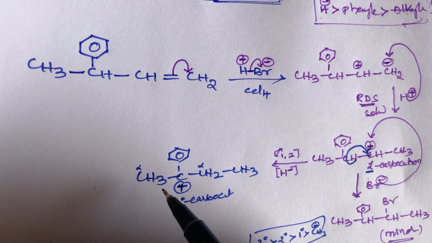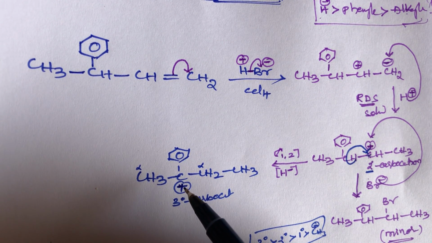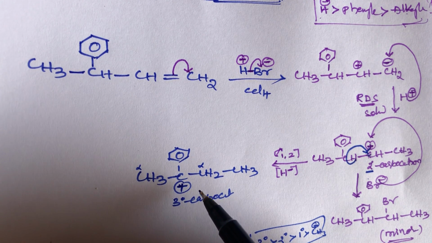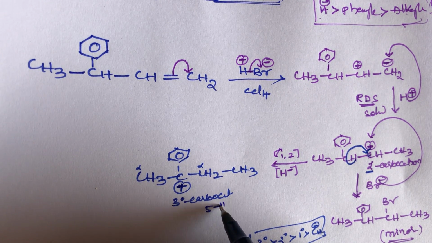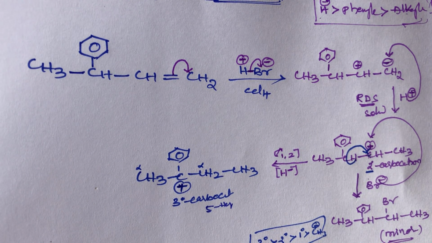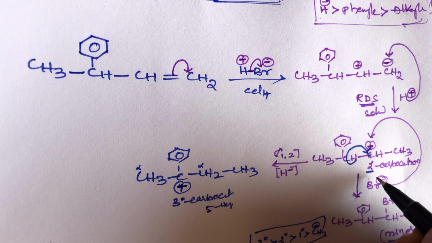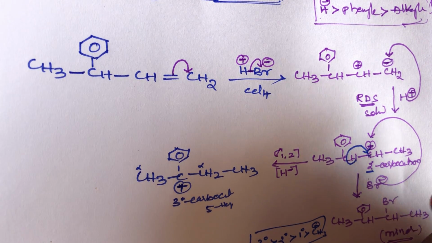These 5 alpha hydrogens equal 5 hyperconjugates. So the tertiary carbocation has 5 hyperconjugates, but the secondary carbocation has only 4.